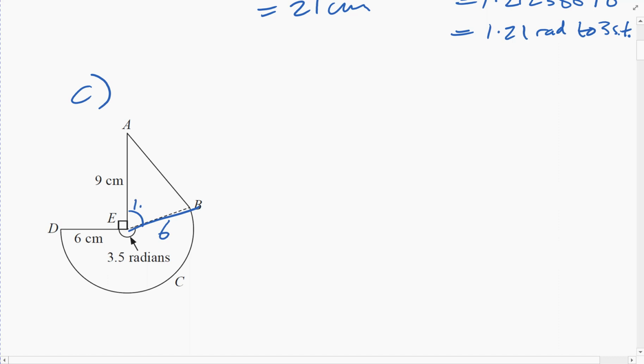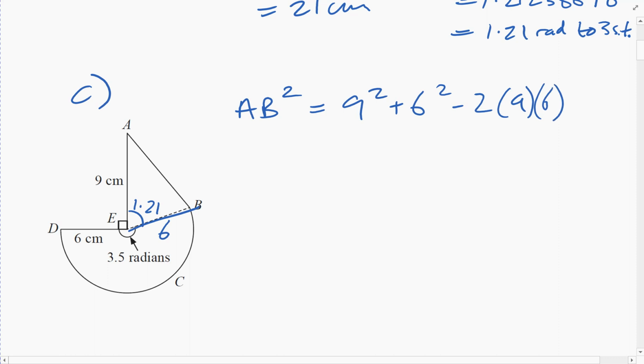We know this now is 1.21 radians, and so using the cosine rule, AB squared is going to be 9 squared plus 6 squared minus 2 times 9 times 6 times cos of the angle, and the angle is 1.21.